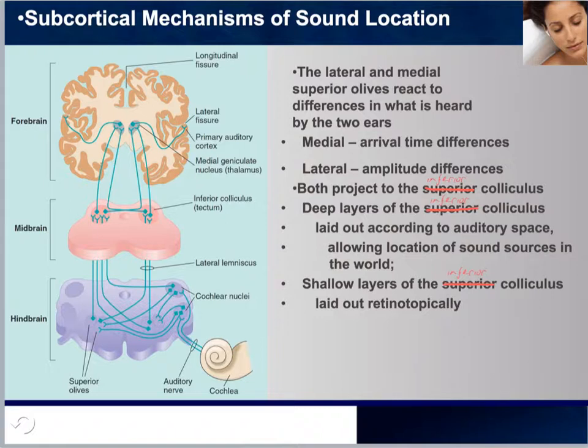The deeper layers in the inferior colliculi are laid out according to auditory space, and they dictate where the sound may be coming from. The shallow layers of the inferior colliculi are laid out in what we call a retinotopic fashion. That is to say that they are making use of the visual system.